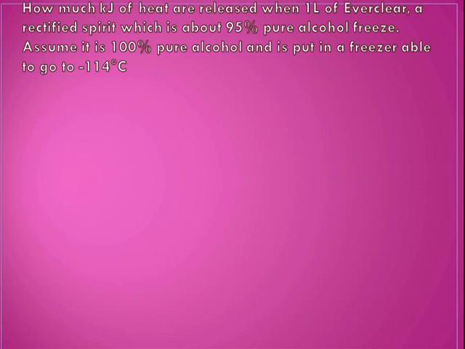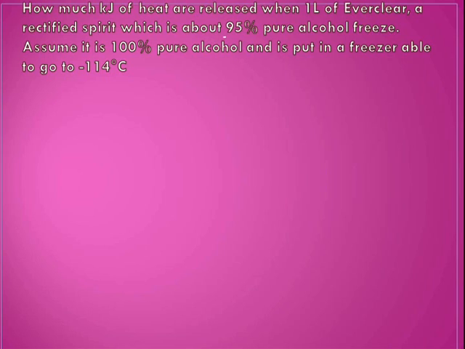Now let's look at this problem. How many kilojoules of heat are released when 1 liter of Everclear, a rectified spirit which is about 95% pure alcohol, freezes? Assume it is 100% pure alcohol and is put in a freezer able to go to negative 114 degrees Celsius. Now, Everclear is probably one of the most potent alcoholic beverages out there because it's 95% pure alcohol.